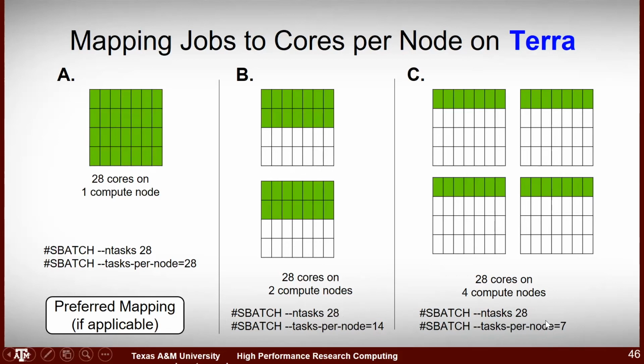And 28 divided by 7, the quotient is 4, so you would get 4 nodes. Theoretically, these might all have the same number of service units, because service units are per core, not per node. But probably this job is requesting more memory than this job is. Otherwise, I don't know why you would want to do that. So in practice, this one would be requesting a lot more memory and using a lot more service units.